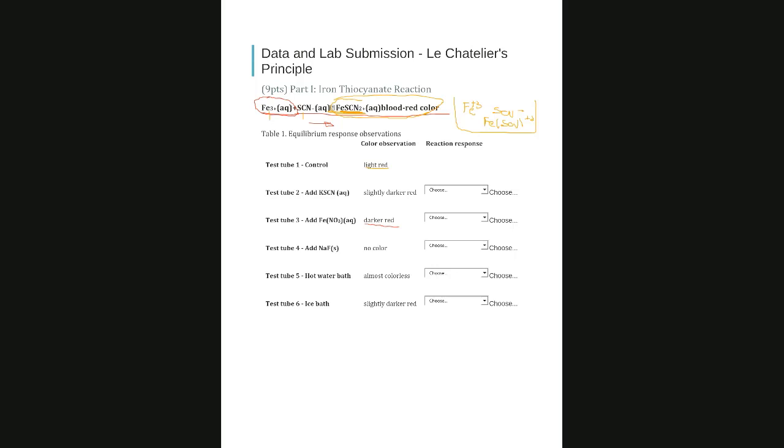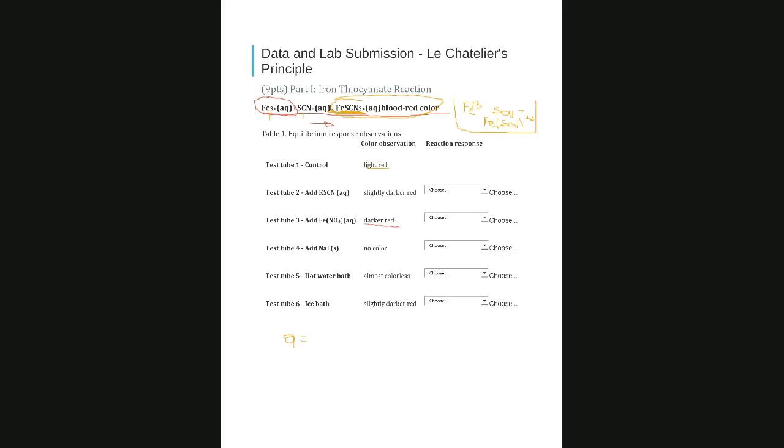And then when we look at the Q, let's look at the Q. What is the Q in this reaction?